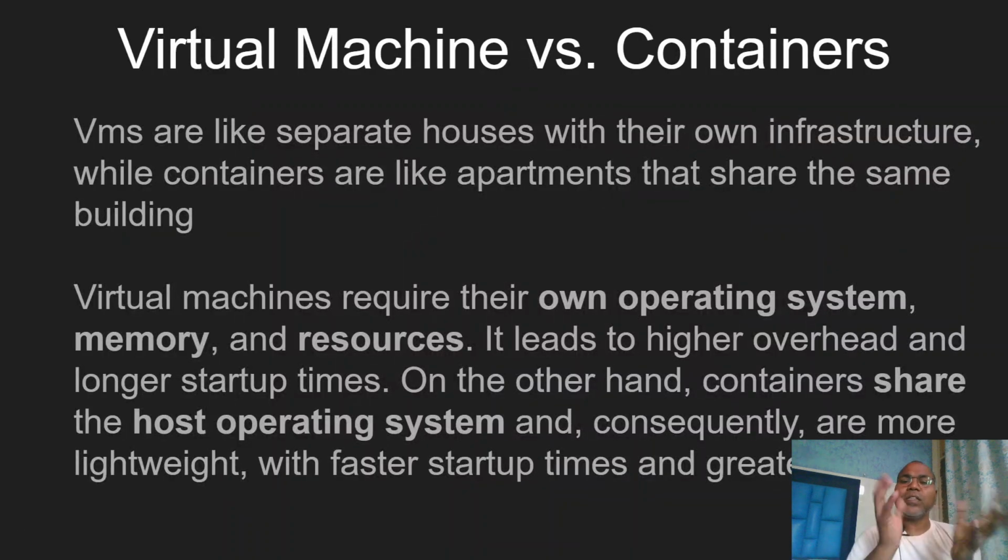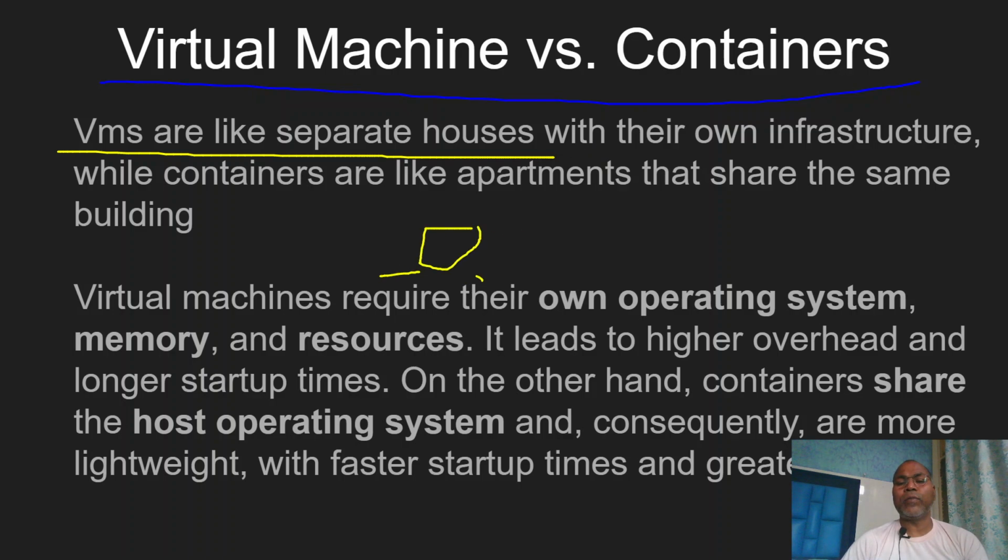Okay, so these are the two terminologies. Nowadays containers are used in many places. So let's understand both with an analogy. A virtual machine looks like a separate house. We build our separate house, with our own land, everything. This is one house, this is another house. Each person has their own land, own infrastructure.